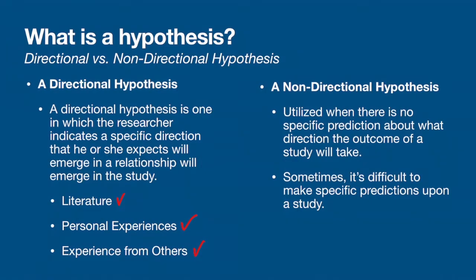So there are going to be instances where we may not have sufficient information to predict what may happen. And in those instances, we say that we'll use a non-directional hypothesis.